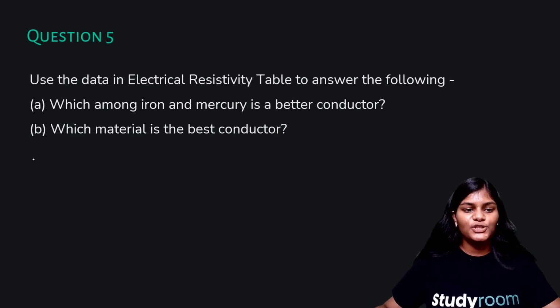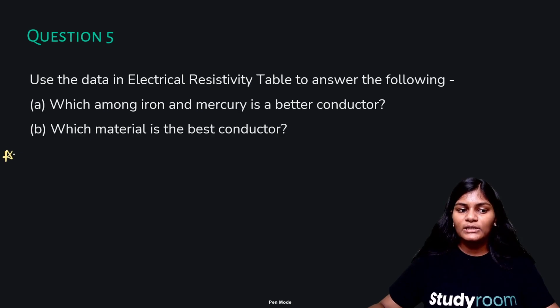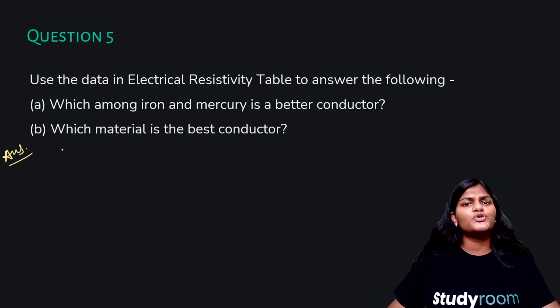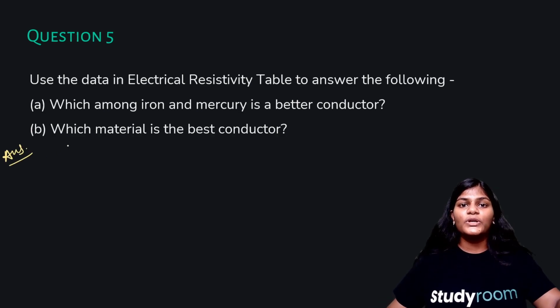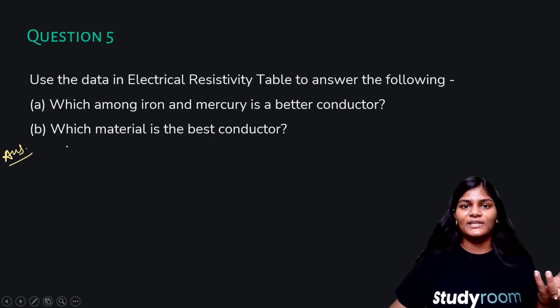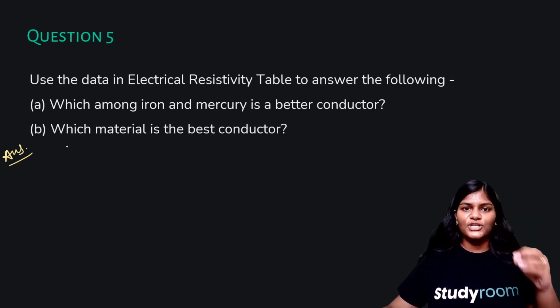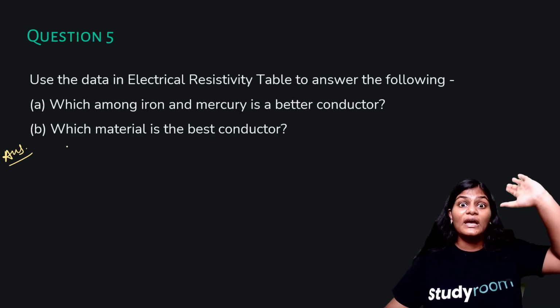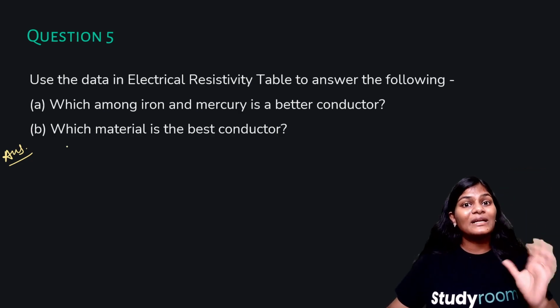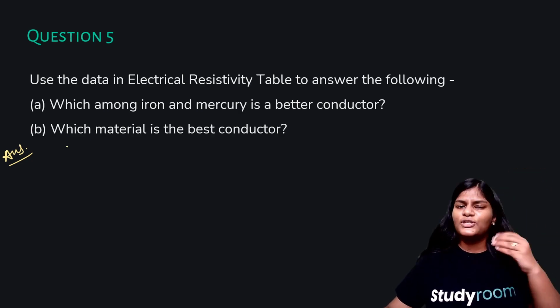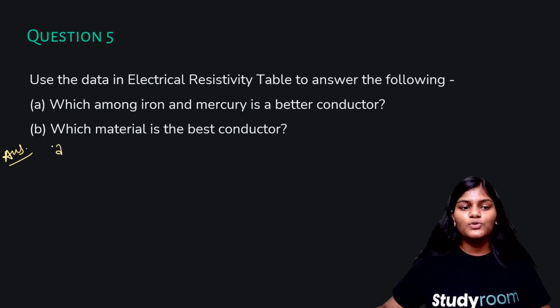Again, you don't have to remember these quantities exactly, but you should have an idea, like we said about refractive indexes. You don't actually have to remember each and every one, but you should have an idea, okay, like silver is at the top and glass is at the bottom as an insulator, just those kind of things. Okay, but I am using your table because your question tells us to do so.